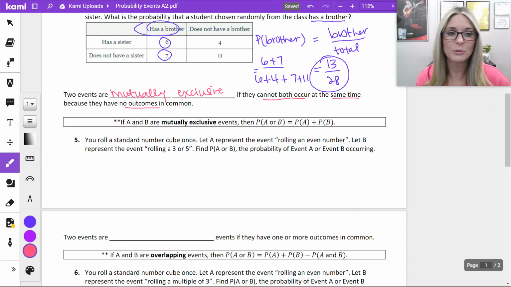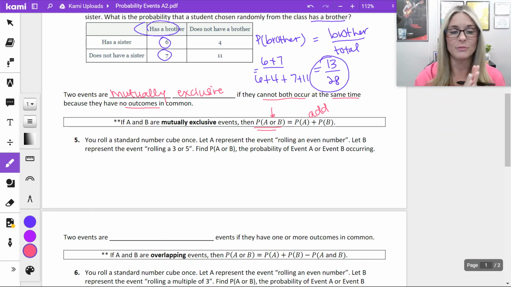The probability rule here is if A and B are mutually exclusive events, then when you go to find the probability of A or B occurring, you will add their probabilities together. Whenever you see the word or, I want this or that to happen, I will win the game. If either of these scenarios happen, I don't need them both to happen, just one or the other. I would add their probabilities together.